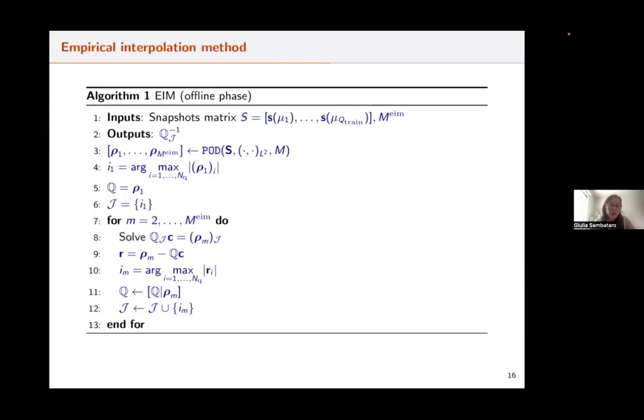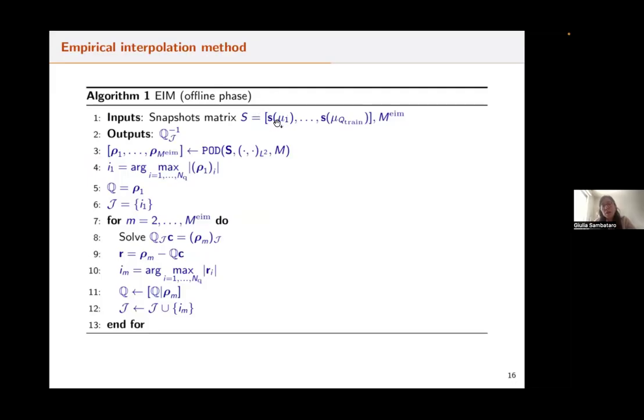Okay, I can briefly talk about the offline phase of EIM, but I think you know it. So basically, this algorithm in this offline phase is able to construct a basis such that we can achieve an affine approximation of all the terms in the reduced model. It is based on a snapshot matrix.